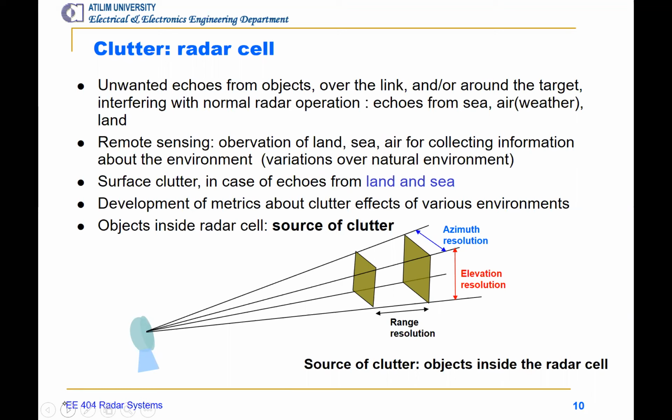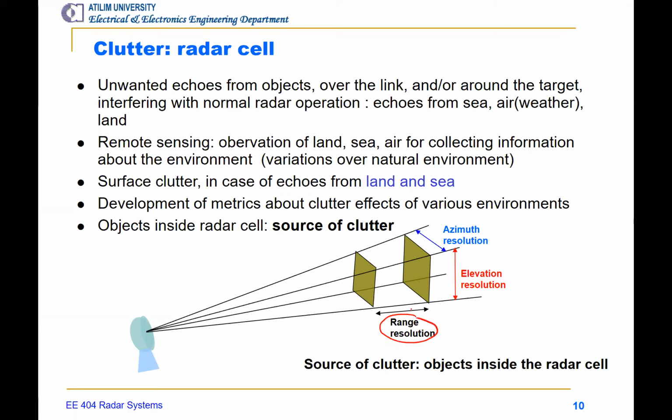Before that, let's go back to the radar cell concept, because the source of the clutter is actually the objects inside the radar cell. In 3D, as you might remember from the midterm examination, there are 3 resolutions that we have described for radar systems.